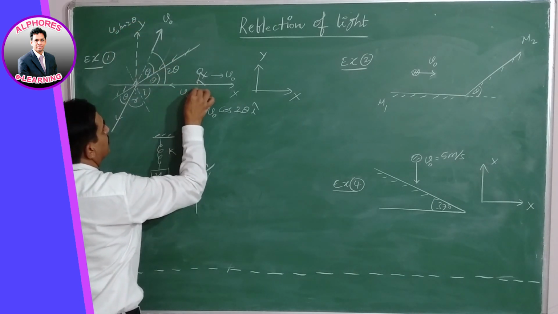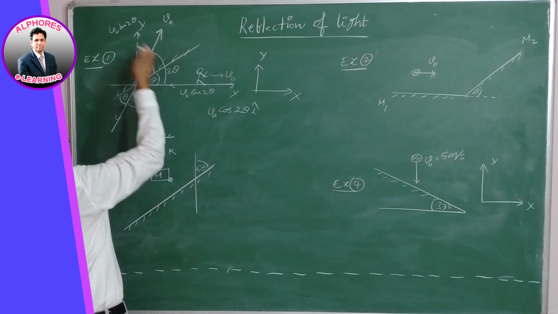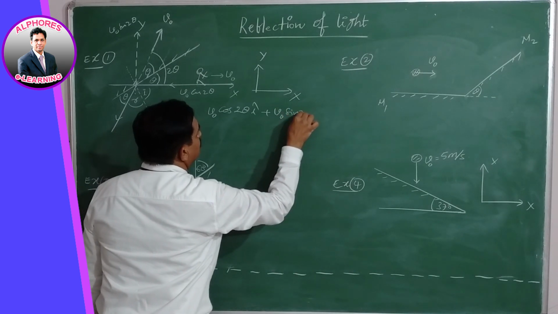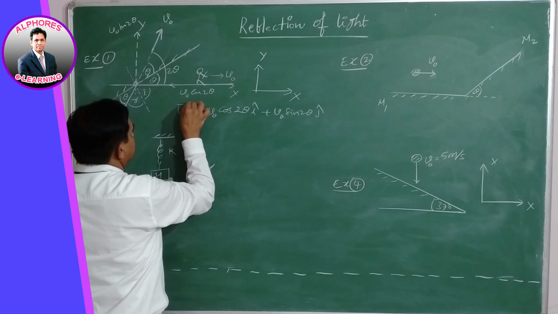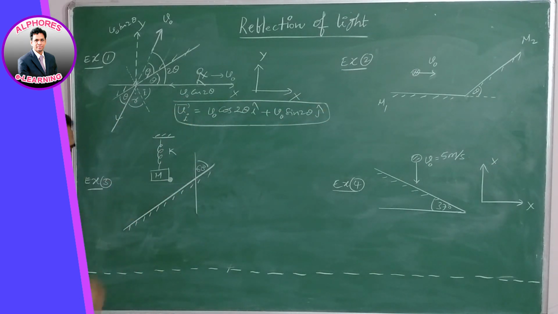So this vector is resolved into two components, plus v0 sin 2 theta j. So this is your answer, the speed of the image. This is the answer for the first question.